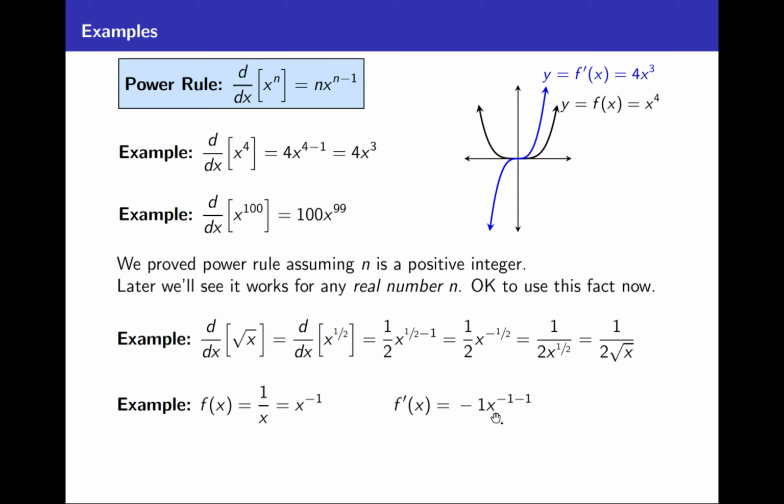So minus 1 times x to the power of, and then we subtract 1 from the power of minus 1. So minus 1 x to the power of minus 1 minus 1. And that's minus 1 x to the power of minus 2, or negative 1 over x squared, bringing the negative over. So the derivative f prime of x is the function negative 1 over x squared.